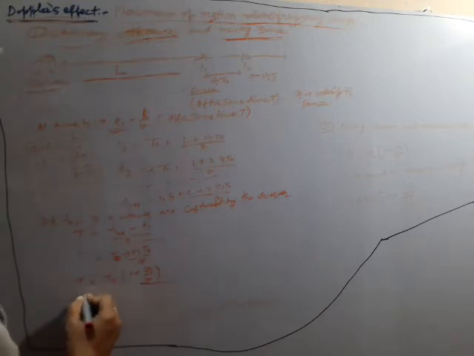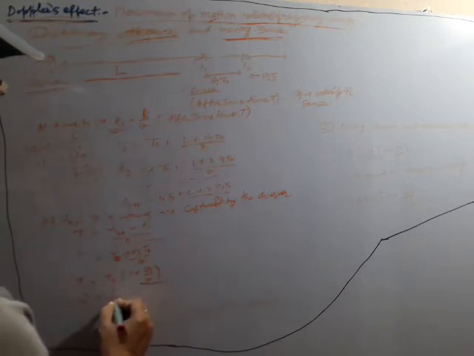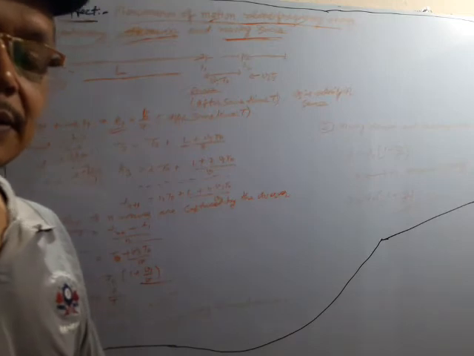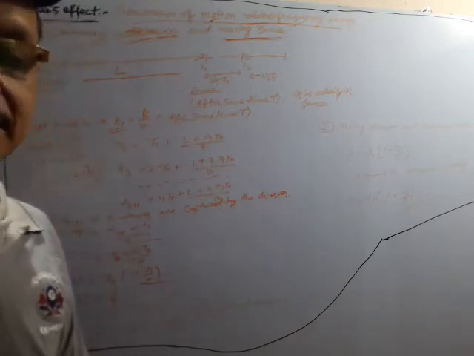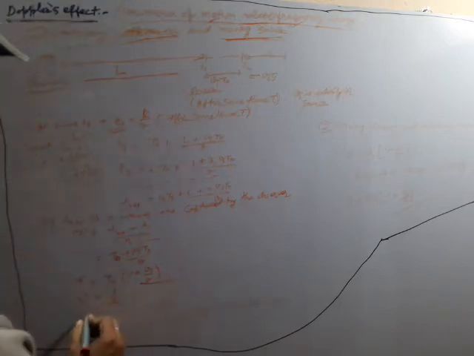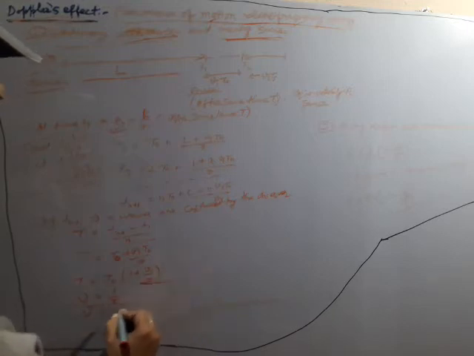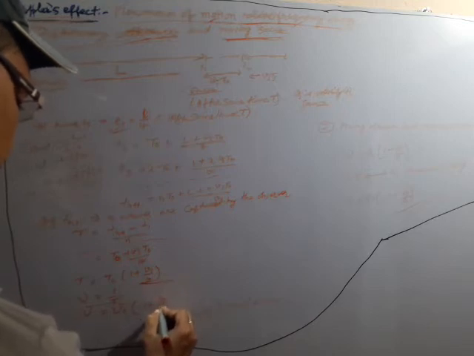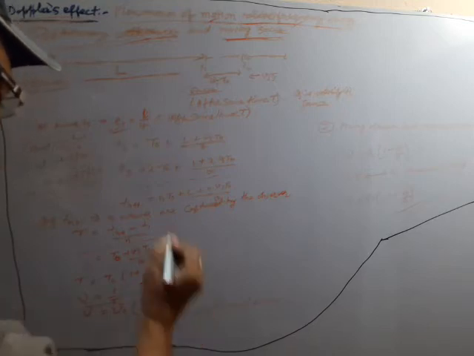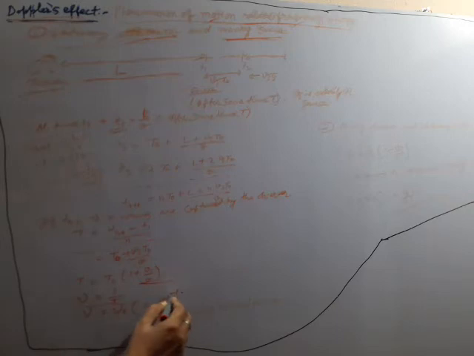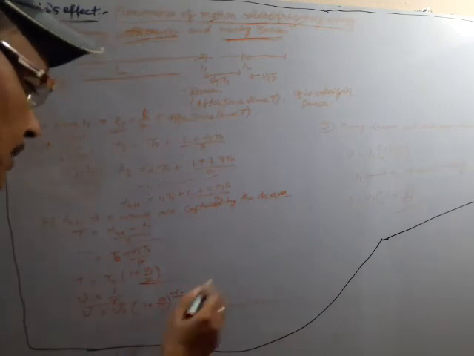Now you know frequency is the reciprocal of time period. I have already discussed it. If you want to define frequency, how do you define it? It is the reciprocal of time period. What is the SI unit of frequency? It is hertz. Nu is equal to 1 by T. Now putting this value here, nu is equal to nu 0 times (1 plus Vs by V) to the power minus 1, because all these things will be 1 by, so there will be an inverse.